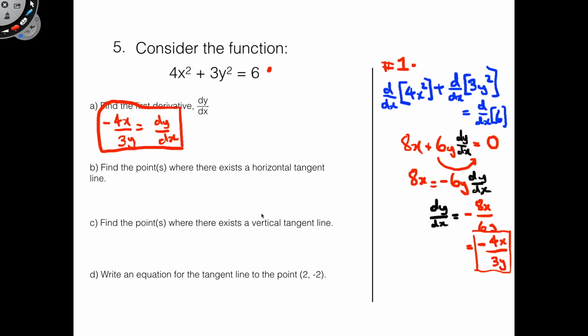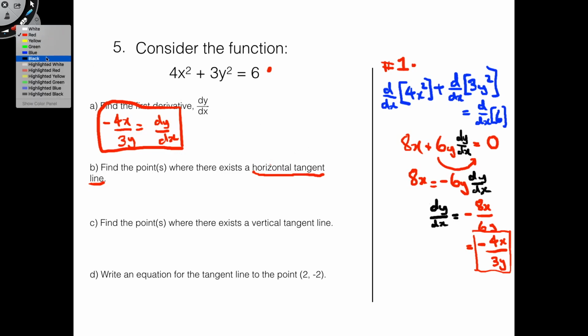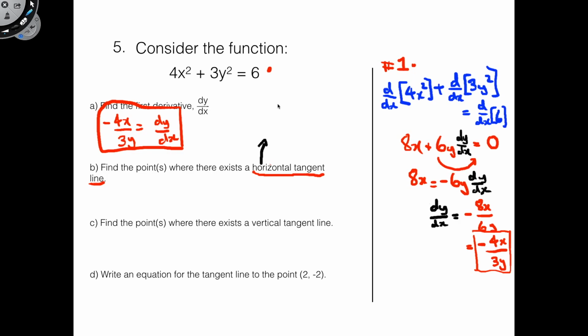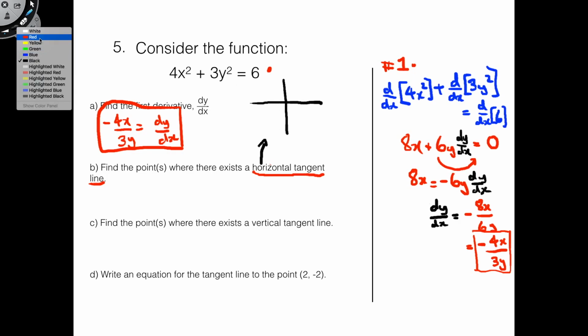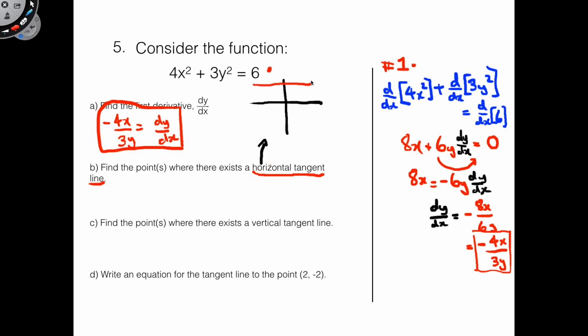Alright, number 2. Find the points where there exists a horizontal tangent line. Let's talk about that for a second. What does a horizontal tangent line mean? Well, let's think about what a horizontal line means in the first place. On this graph, a horizontal line would look something like this, right?